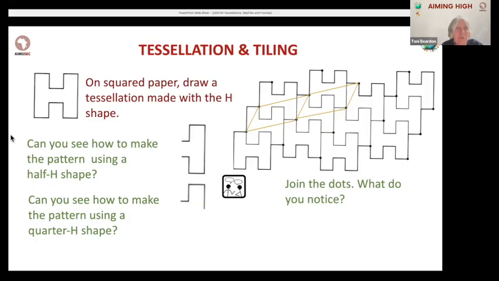Now, if you start with the whole H, you get this pattern. Well, you get the same pattern anyway, whichever one you start with. But if you're analyzing what it's got in it, then it depends on the motif that you're picking out.